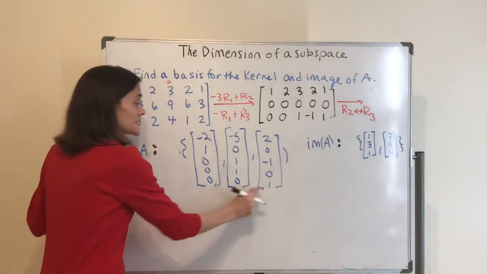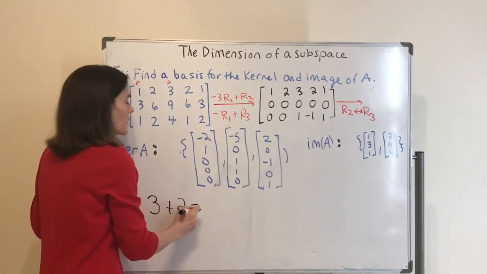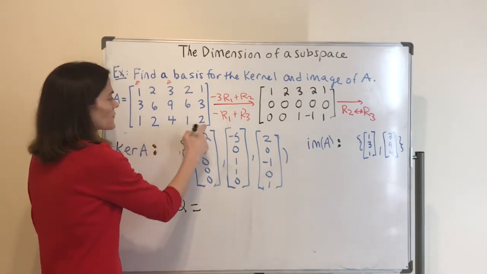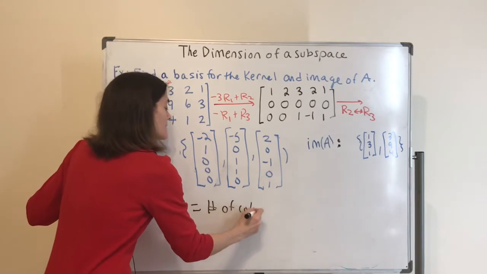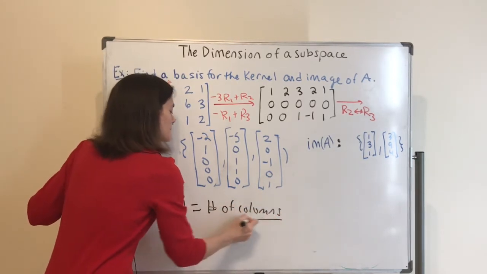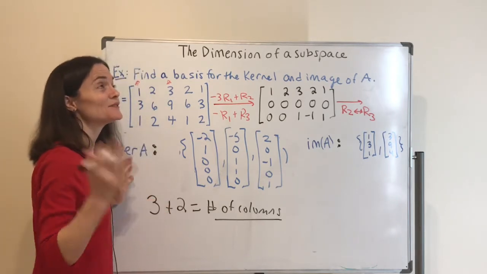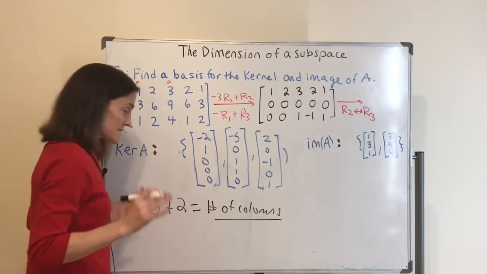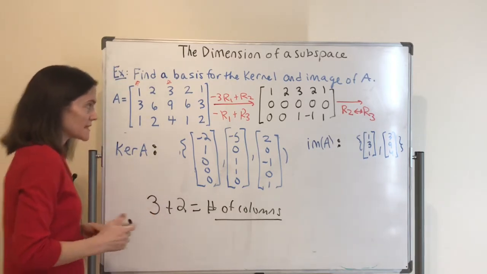So this basis has 3 things, this basis has 2 things. You add them up, and we get 1, 2, 3, 4, 5, the number of columns. I mentioned it at the end 2 videos ago, and it's a very important theorem we'll get to today, and it's not by chance that we see this.